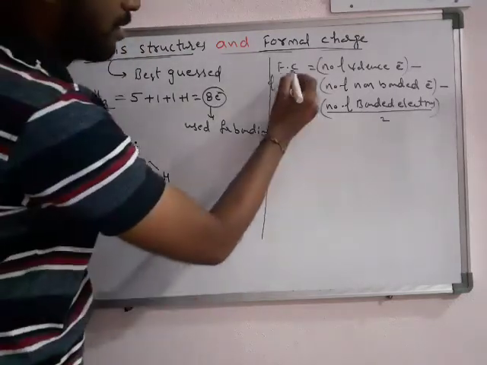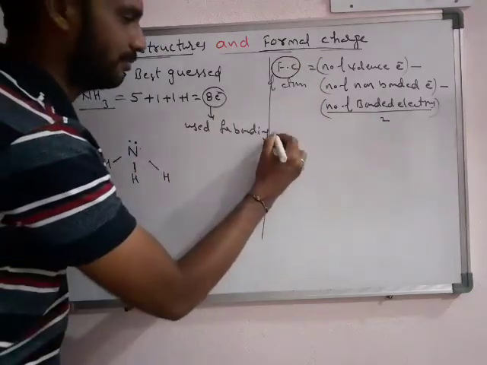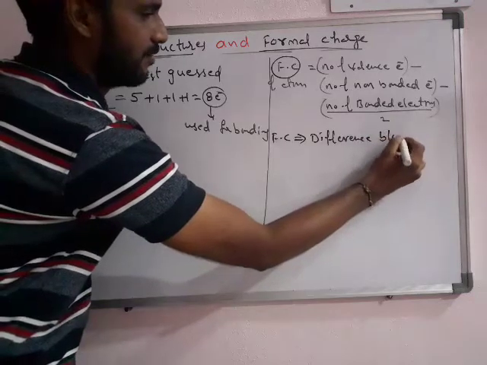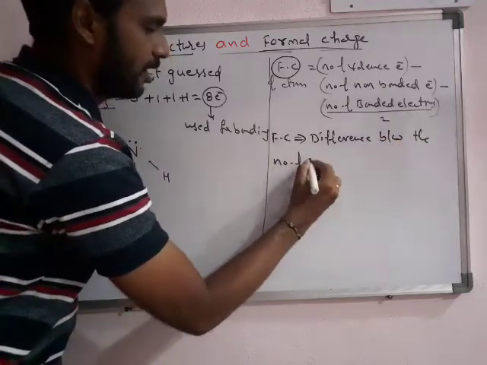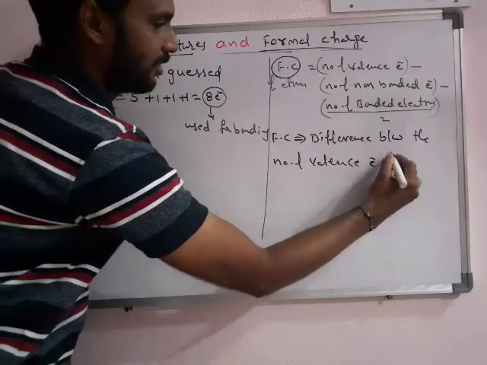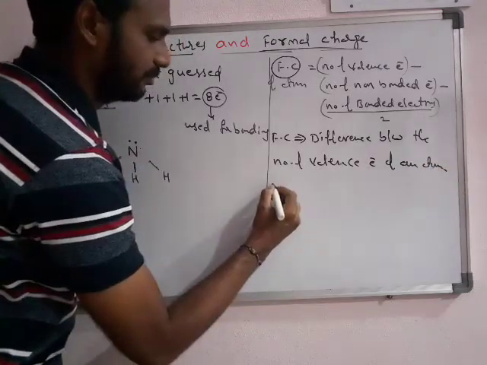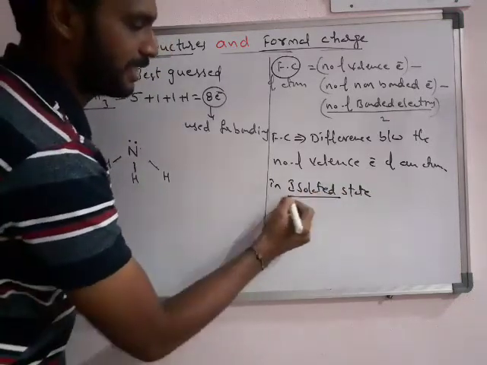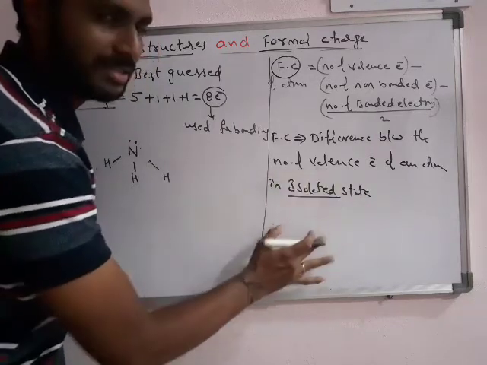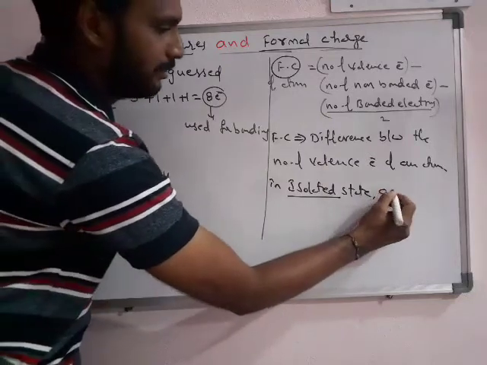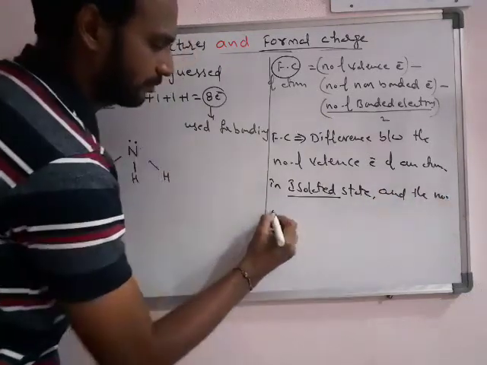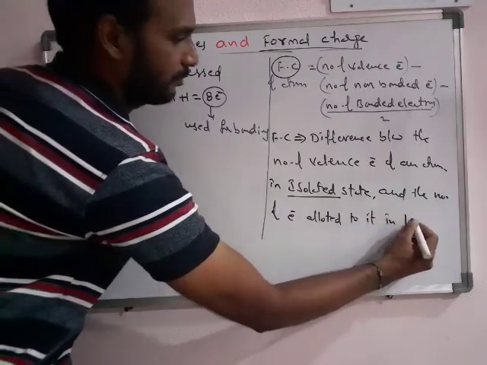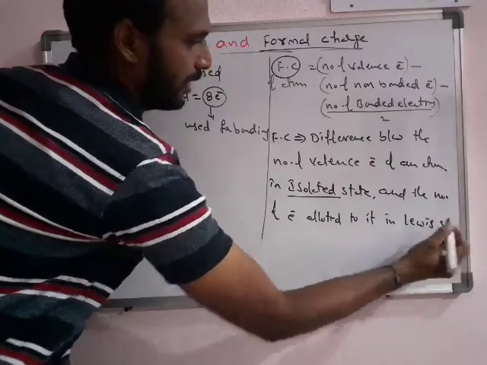Okay, so what is the definition of formal charge? The formal charge is the difference between the number of valency electrons of an atom in an isolated state, isolated state means when an atom is separate, how many valence electrons it has, and the number of electrons allotted to it in the Lewis structure.